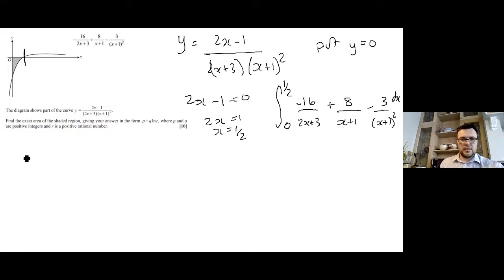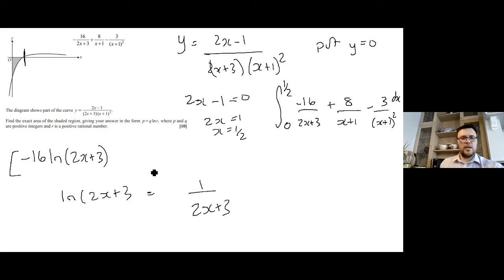So again, the limits, square brackets down, I've got minus 16 log (2x plus 3). I need to deal with that constant there, because if I was to differentiate, I'd have 1 over 2x plus 3, and then I'd have a half outside. To counteract that half, if we differentiate ln (2x plus 3), it's going to be 1 over 2x plus 3 multiplied by the inside derivative, which is 2.